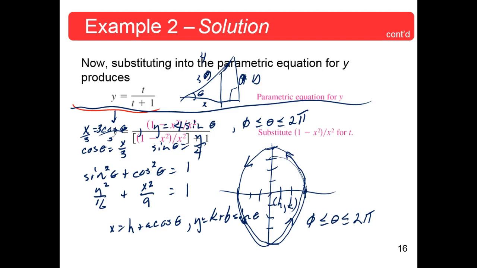So that equation would then be something like this: (x minus h) squared over a squared, plus (y minus k) squared over b squared is equal to 1. Okay.